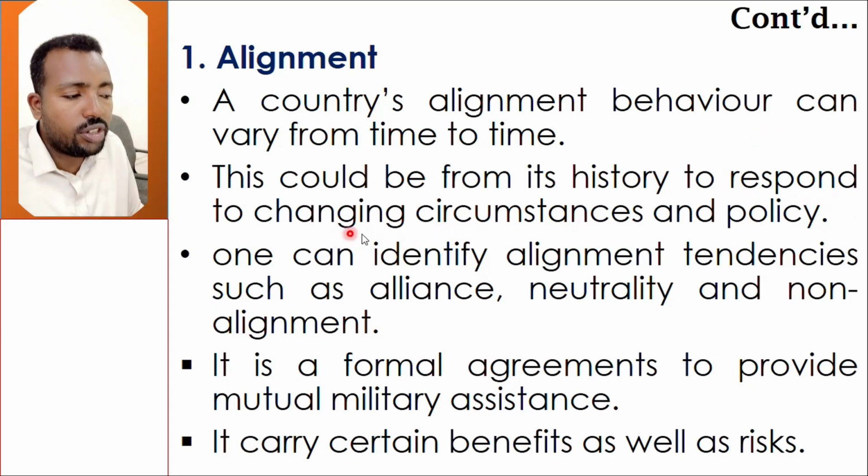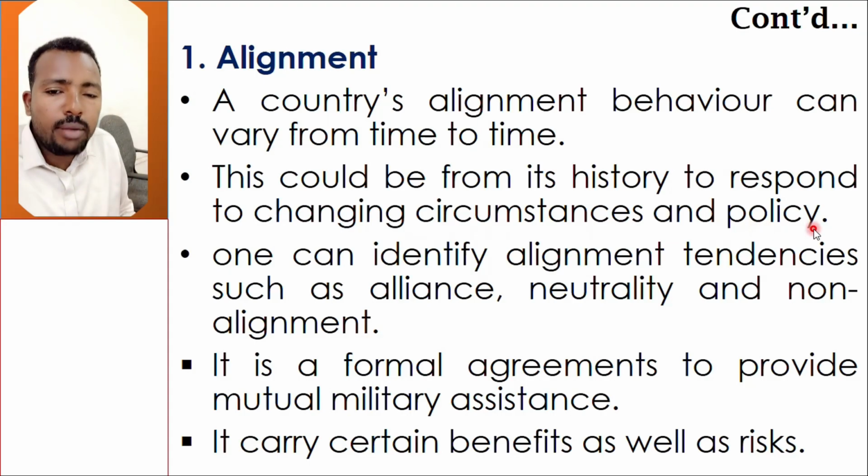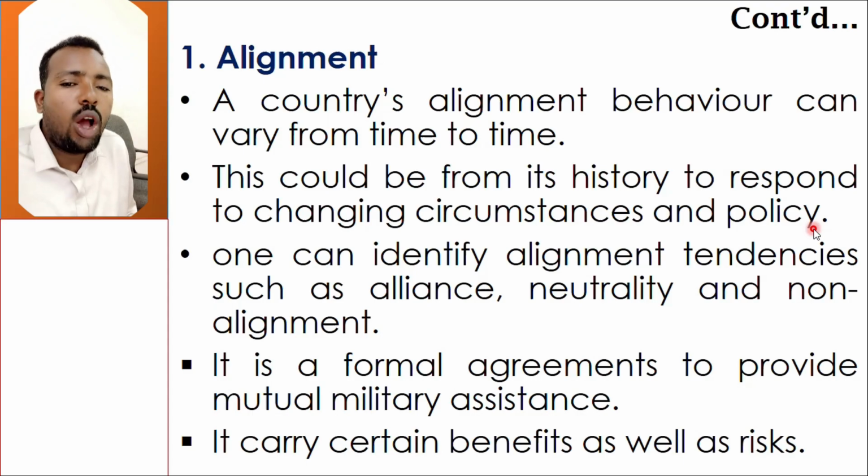This could be from history to respond to changing circumstances and policies. The alignment change of the country depends on the history of that country to respond to changing circumstances and policy decisions that are made by the country or the international community. So these are some of the factors that are responsible for the change of alignment.